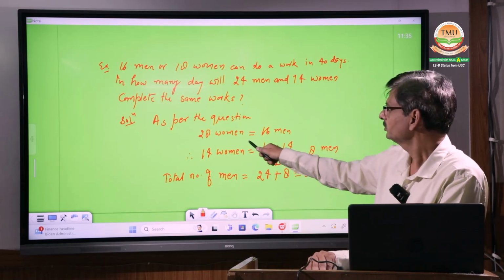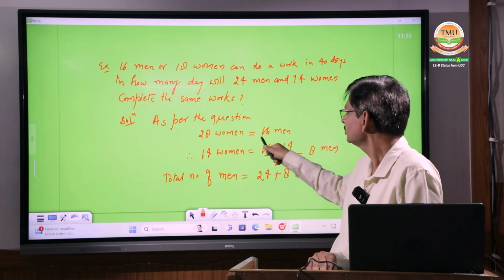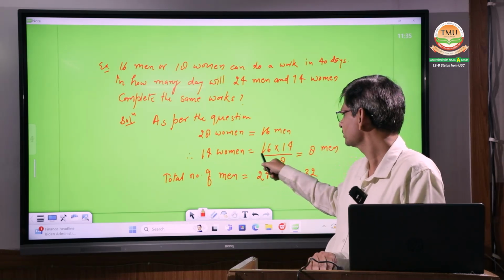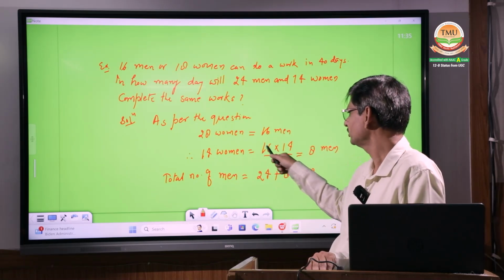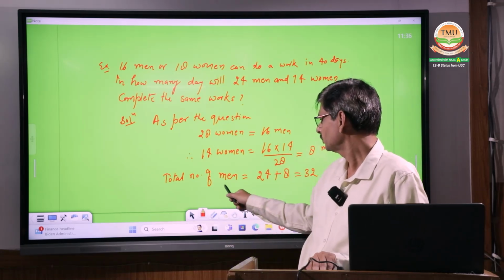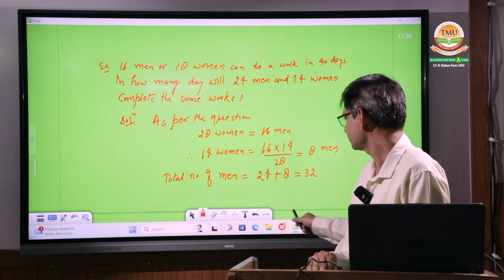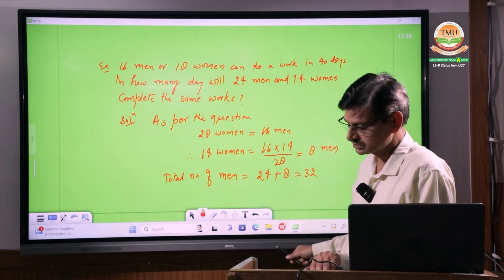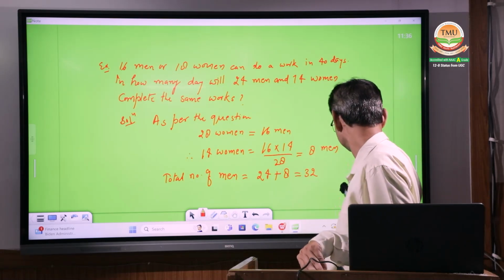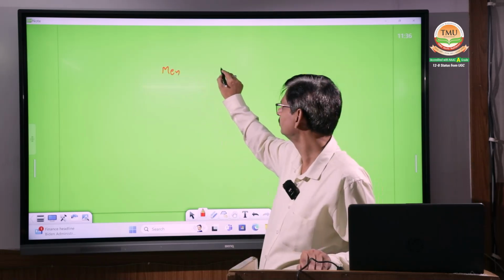Now as per the question, 28 women is equal to 16 men. So 14 women is equal to 16 into 14 divided by 28. This will be 8 men. Now the total number of men will be 24 plus 8, that is 32. Now this can be solved. Here is this.